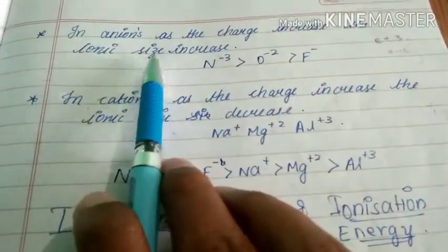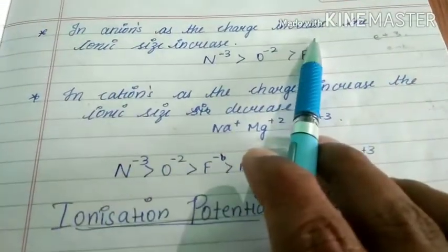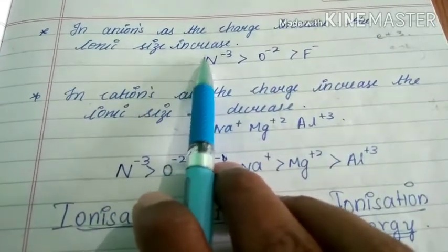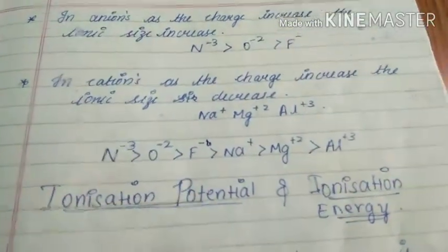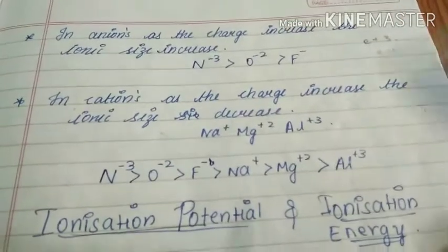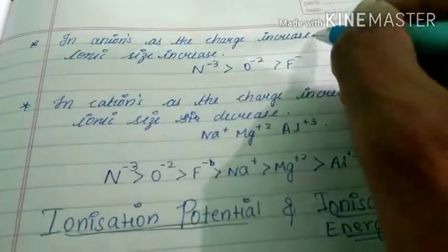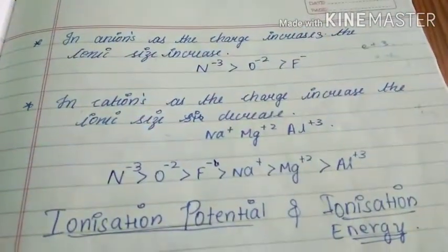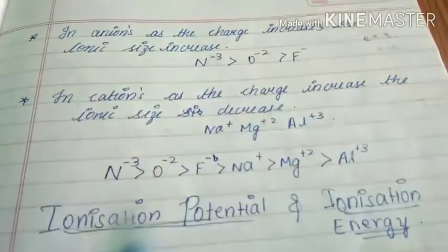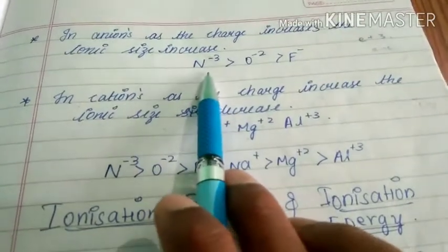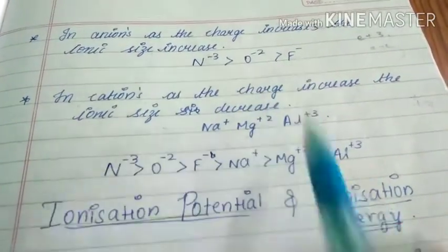Next point. In anions, as the charge increases, the ionic size increases. This is also one of the very, very important points. For example, take N-3, O-2, F-.